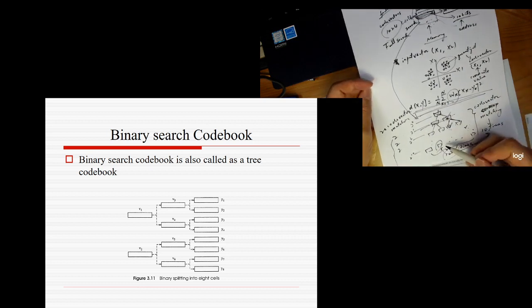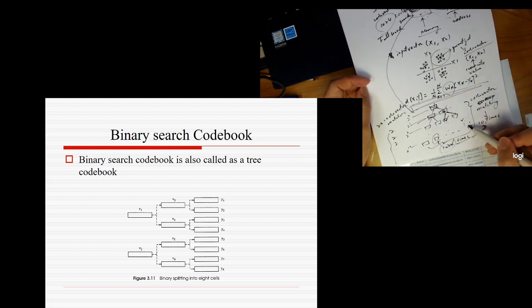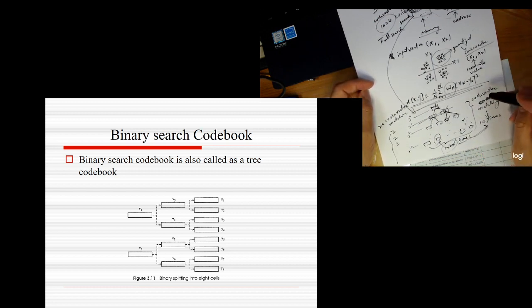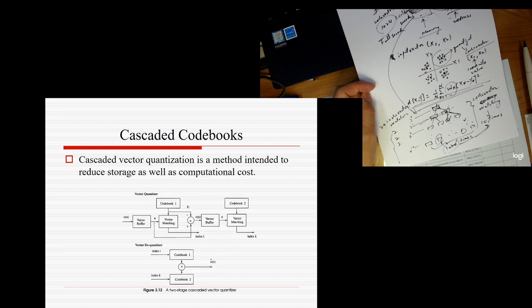Maybe the best winner is here, but at the beginning your tree goes the wrong way, so the winner becomes another one. So sometimes you reduce the searching time, but the performance is not the best one, it is the second or third best.